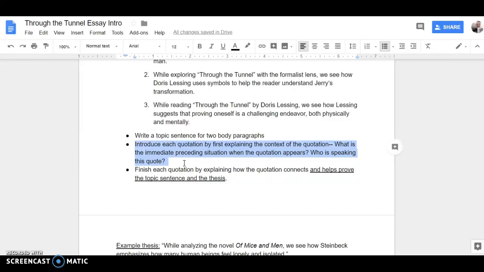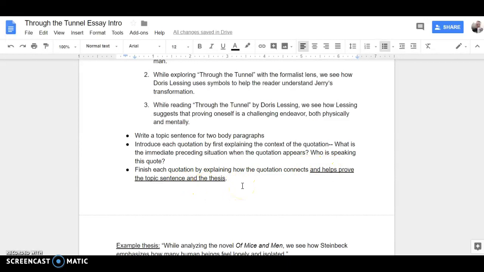After you give me context and then you give me a quote, you need to make sure that each quote is explained and tell me how that connects and helps prove your topic sentence and your thesis.